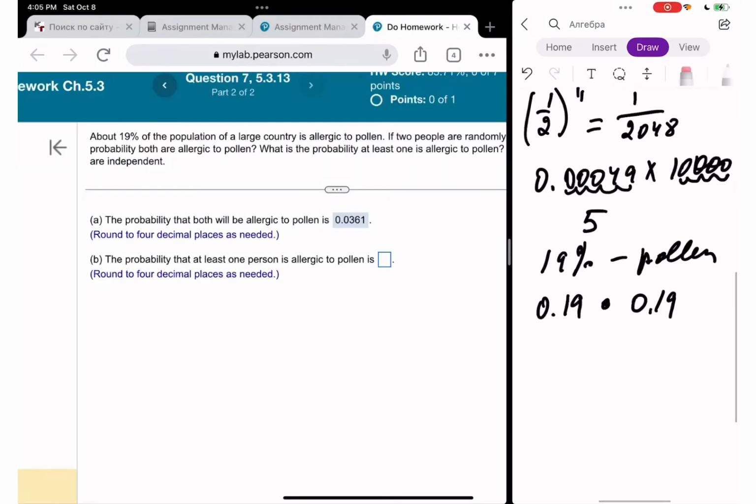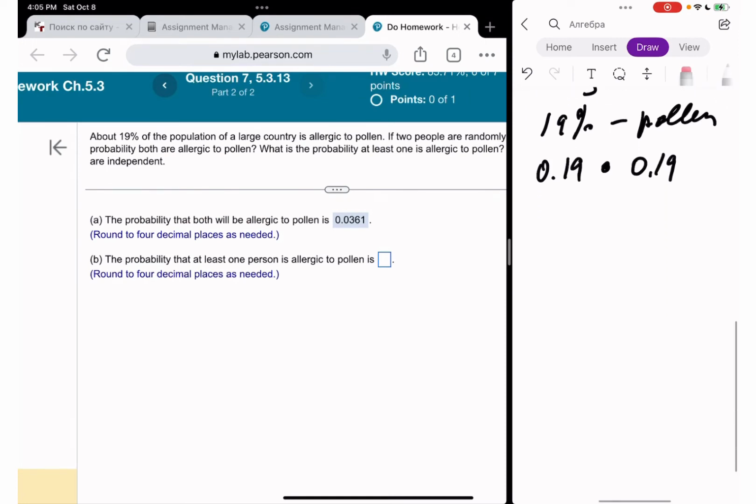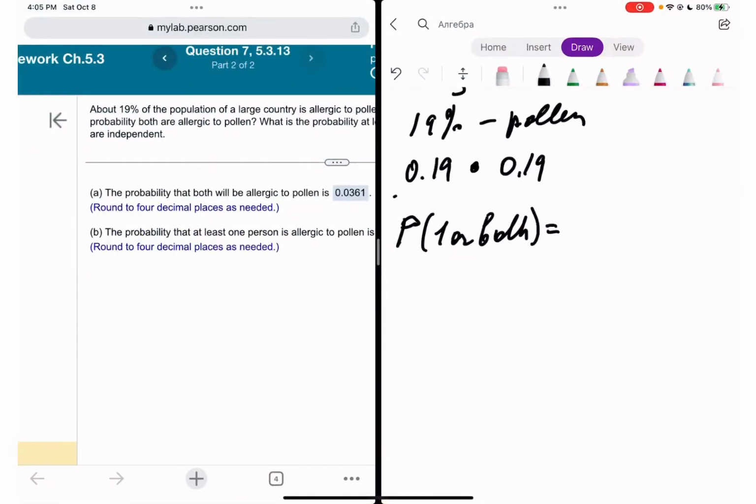Next one, the probability that at least one person is allergic to pollen. So to solve this problem, we need to understand when we say probability of at least one person is allergic to pollen, that means probability of at least one, meaning one or both, right? That is equal to probability of either one, or probability of both.